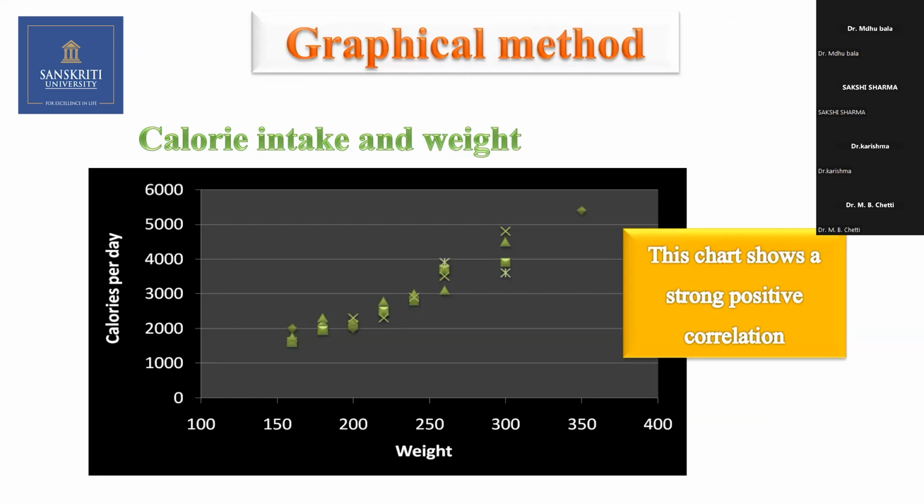Suppose you increase it to 3,000, 4,000, 5,000, like that. As the calories per day increase, your weight also goes on increasing. I don't know whether it's statistically significant or not, but there is an upward movement. These two are moving in the same direction. There is a positive correlation between the calories per day and the weight of the person.